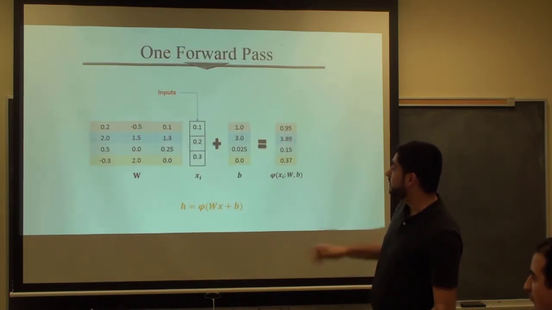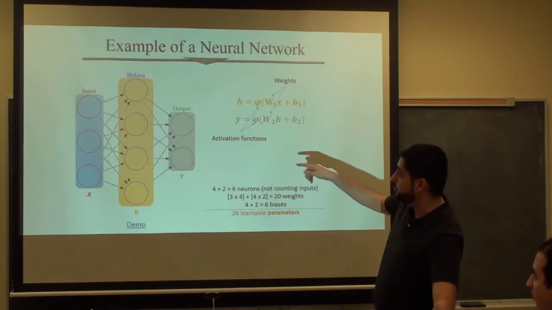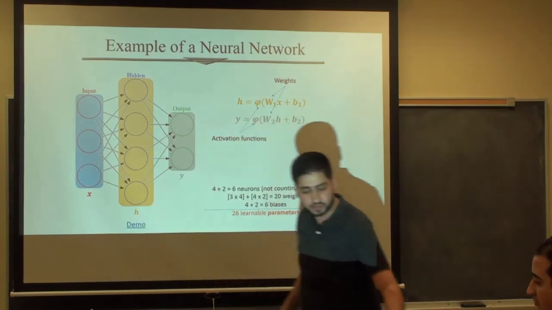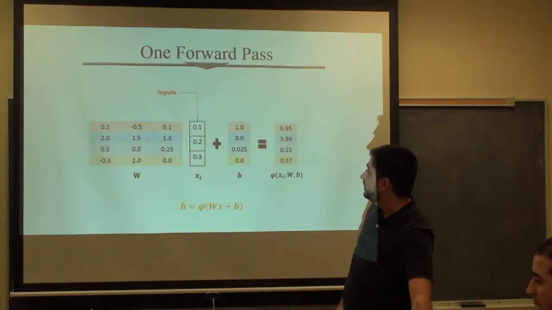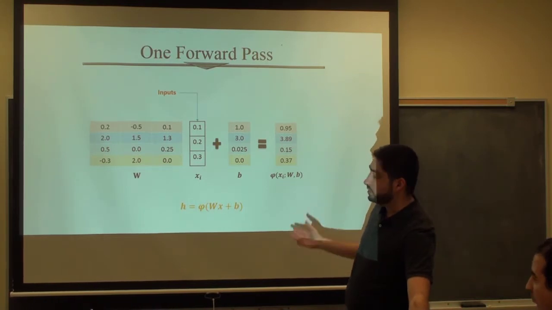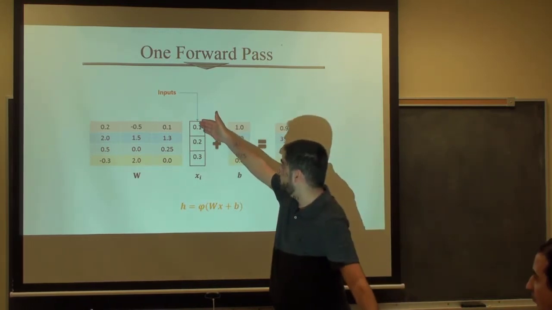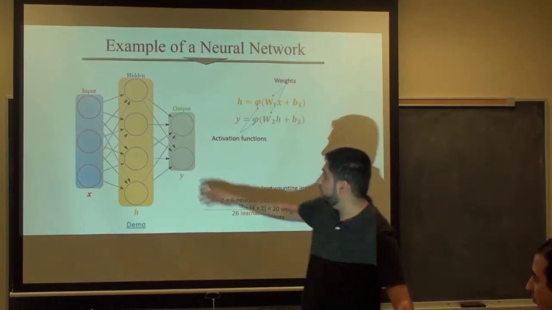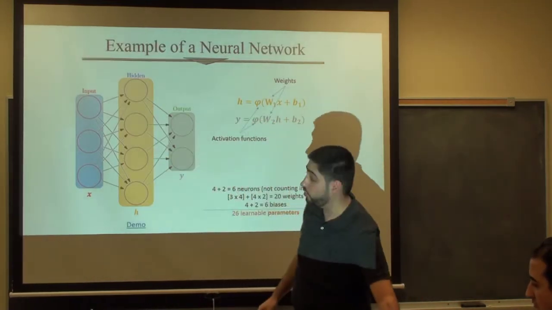Here's an example for the same network of how we pass data from this layer to this layer. We can think of this network as a matrix multiplication. We set up the input as a vector, and we take the weights for each node and put them in a row.